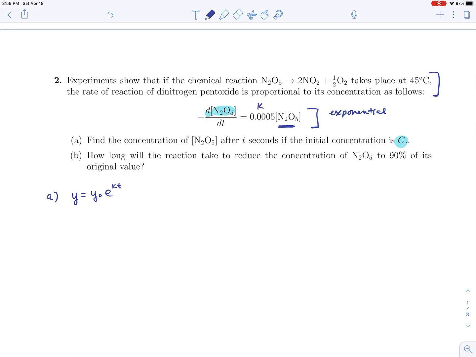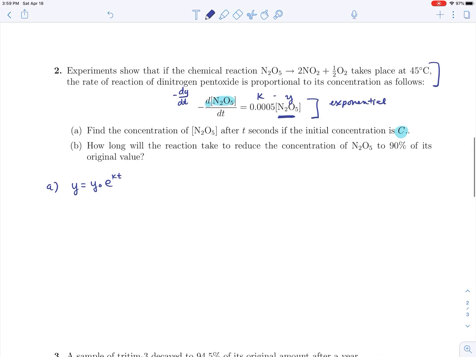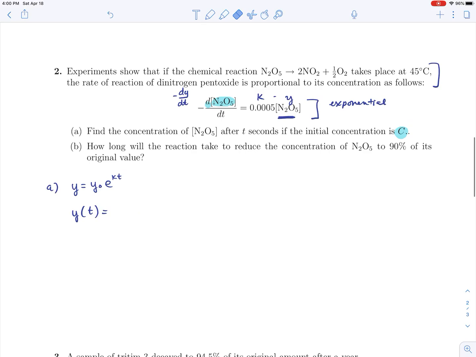This is K. This is opposite dy/dt, and this is Y. So what we've got is Y of T equals, oh, what is Y naught?